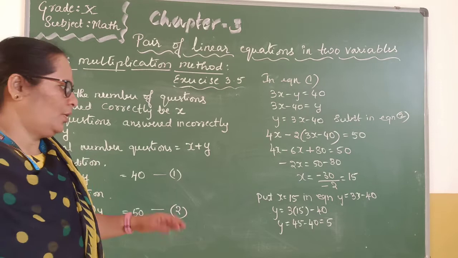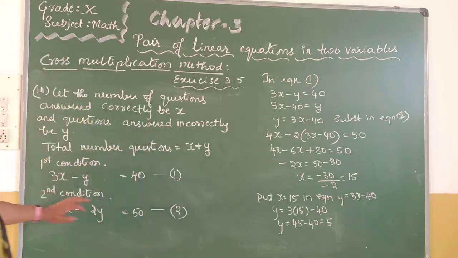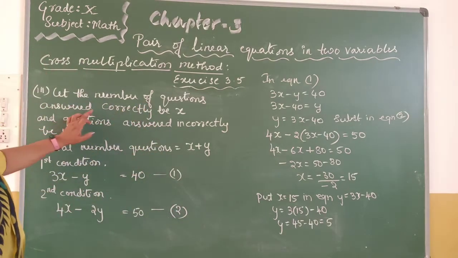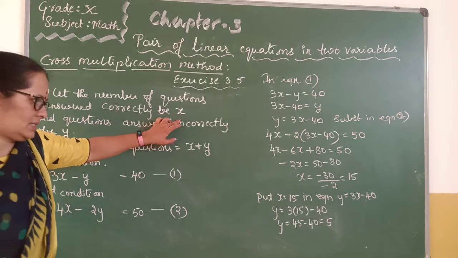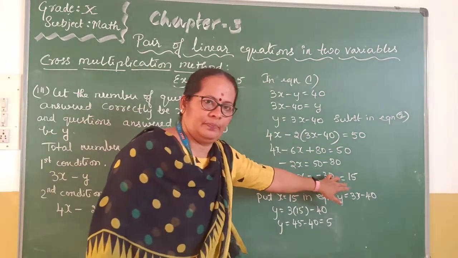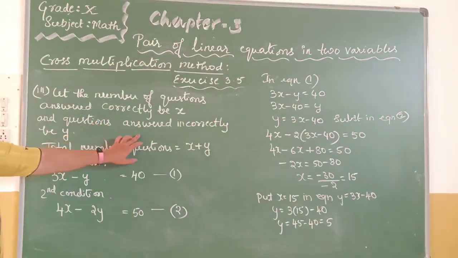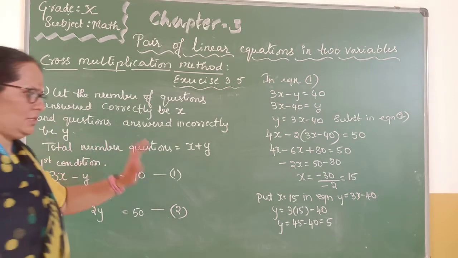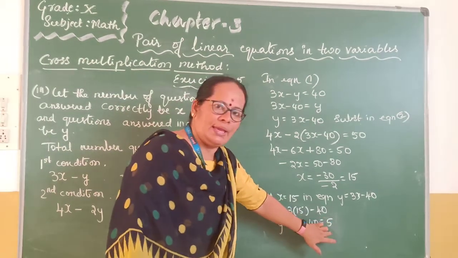Therefore, for the total number of questions, let the number of questions answered correctly be x. x is 15. Then questions answered wrongly be y, so y equals 5.